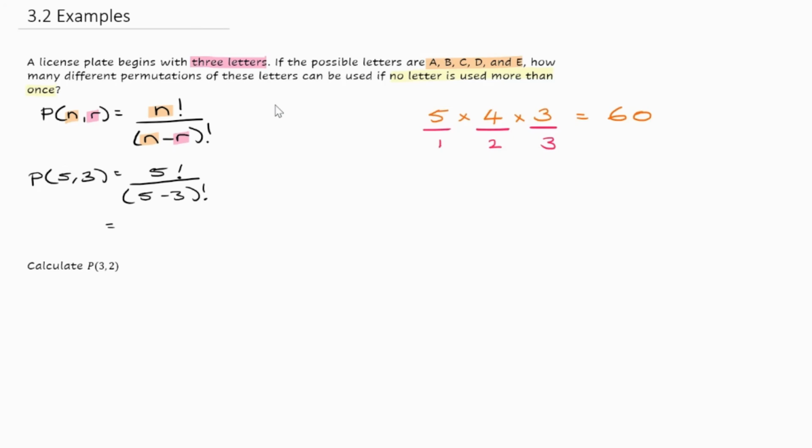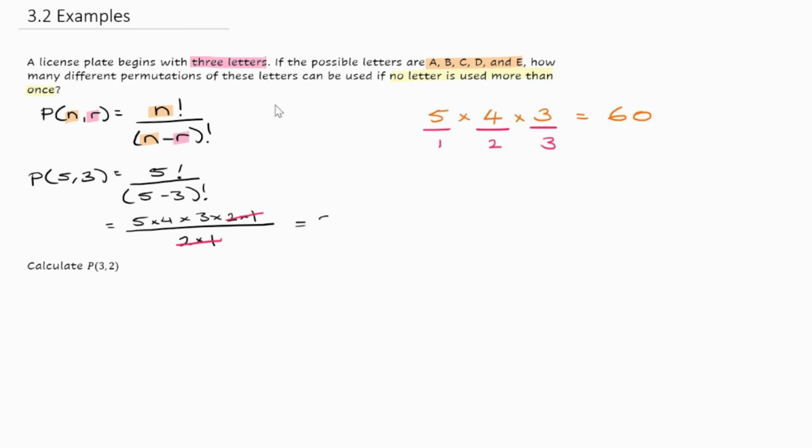This would be equal to, of course, 5 times 4 times 3 times 2 times 1, all over 5 take 3 is 2, so that's 2 factorial, so I've just got 2 times 1. And I can see here that this 2 and 1 is going to cancel out.